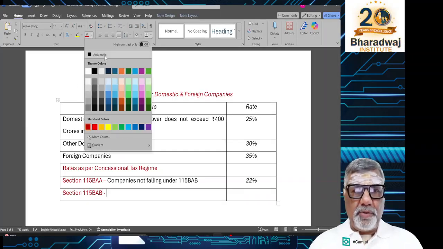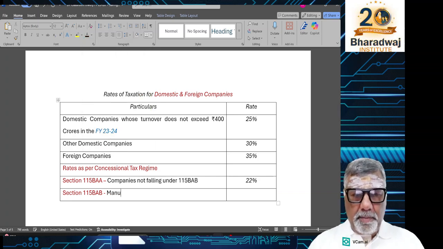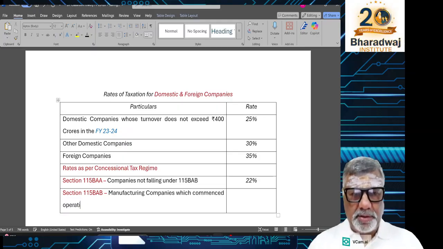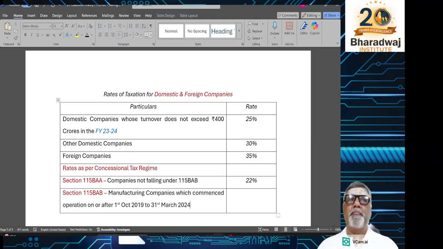Section 115BAB. Manufacturing companies which commenced operation on or after 1st October 2019 to 31st March 2024.